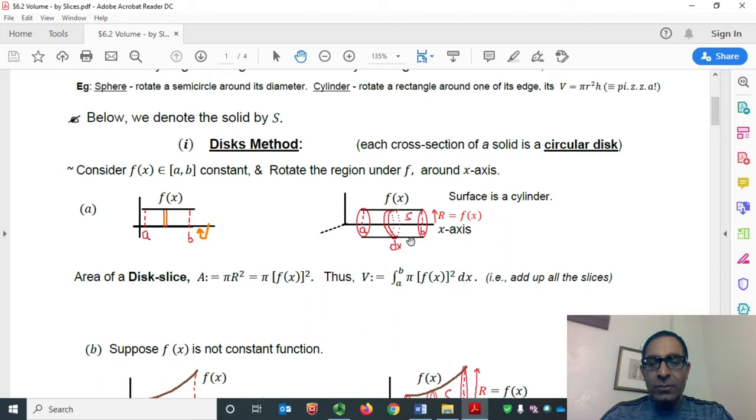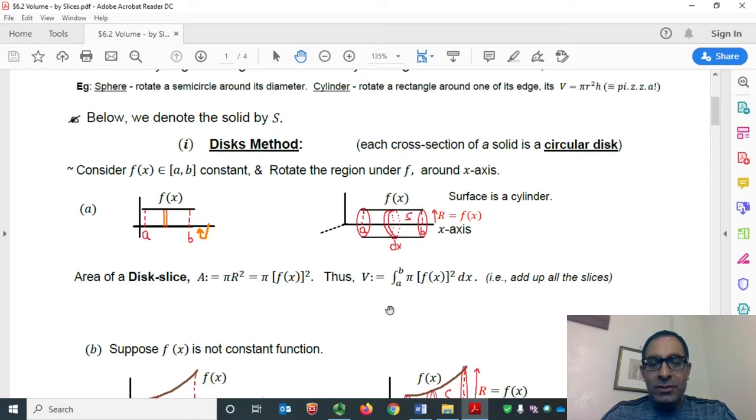Then to compute the volume, let's first find the area of this cross section. The cross section is a circular disk, so its area is simply pi radius squared. The radius is the distance from the axis of rotation to the outer surface of the cylinder, which is simply f(x). So pi r squared becomes pi f(x) squared.